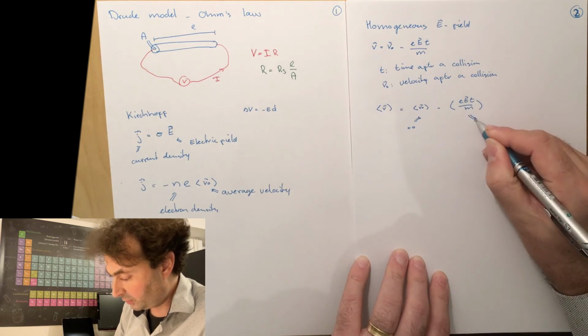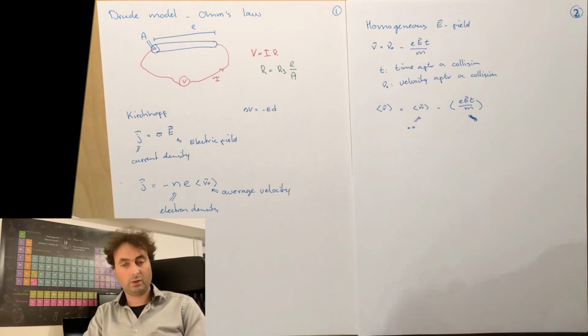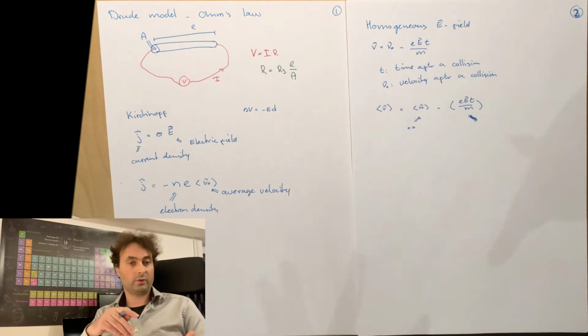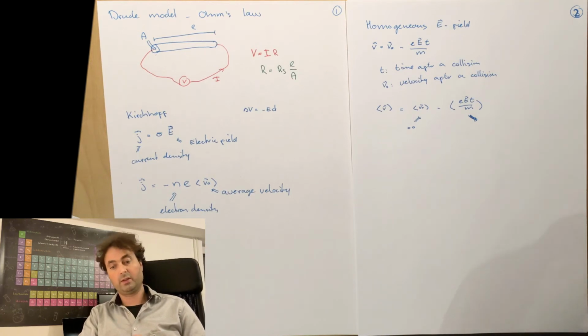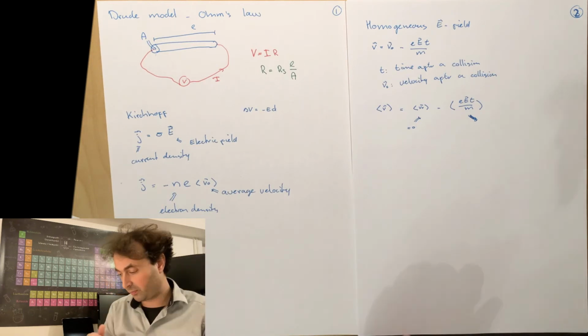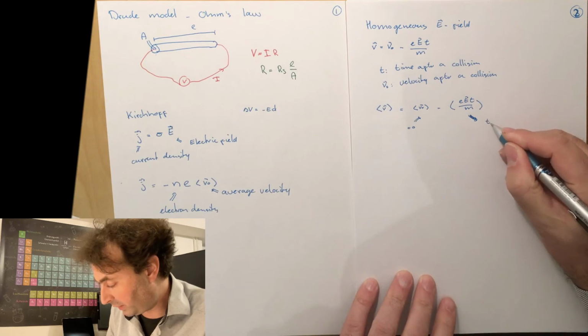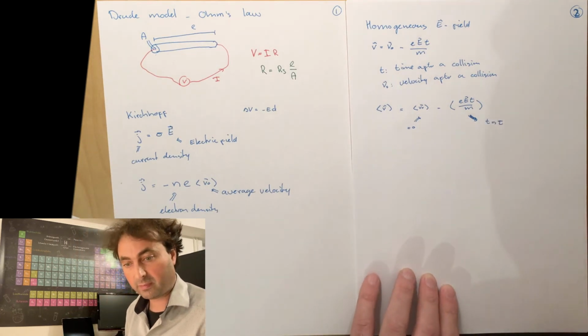And we now have to look what the average is for eE times the time after a collision divided by m. So then we have to know what the average time is between two collisions, and that is tau. So we can replace t by tau.